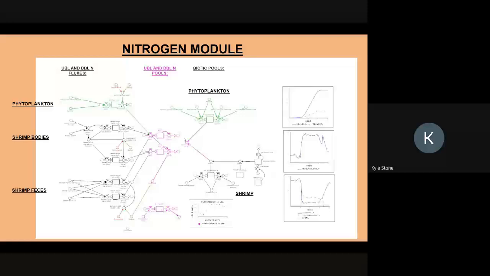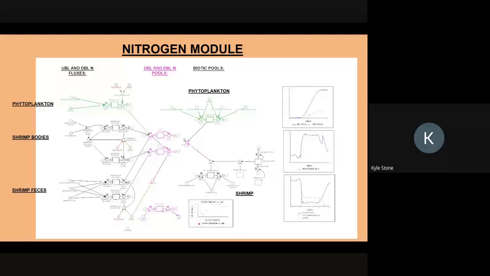The phytoplankton have a single path. That's because they decompose so fast and release their nitrogen so quickly that it never gets down to the deep brine layer. It's all in the upper layer. However, the shrimp bodies don't decompose as quickly, and they're sinking.